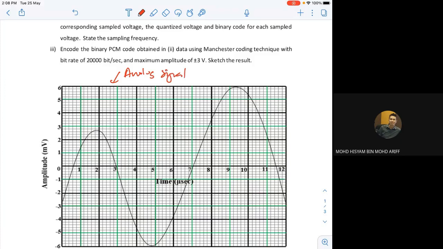We need to transform it so that it becomes a 010101 output. So how to solve this? Remember, please examine the amplitude, maximum and minimum. Check the amplitude, here is the amplitude. The other axis is time, in microseconds. Make sure you know every detail. So let's start to analyze this.